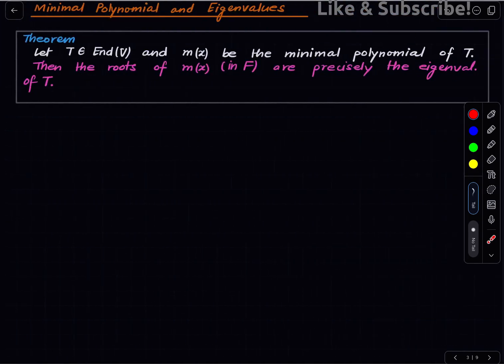So here is a most important fact. Fix an endomorphism T on a vector space V and let m(x) be the minimal polynomial of the endomorphism. Then the roots of m(x) in the base field are precisely the eigenvalues of T. So this is very important that we are taking the roots in the base field. For instance, if our vector space was a real vector space, you get the minimal polynomial, you take its roots in the complex numbers, that's not going to give you the eigenvalues of T, that will give you some extra things.